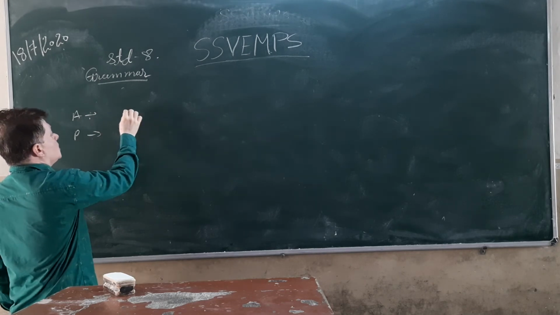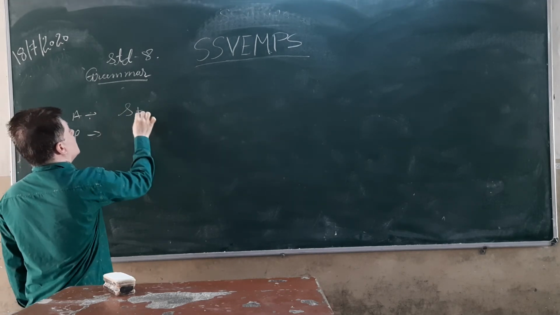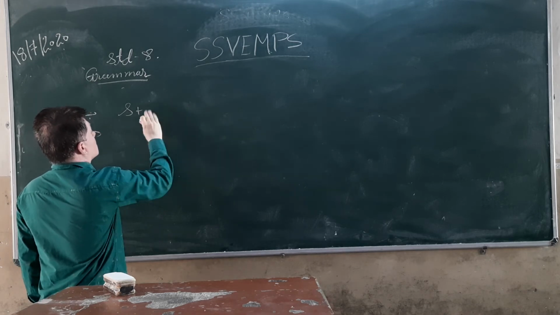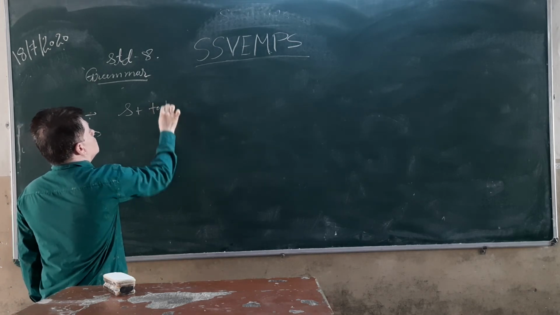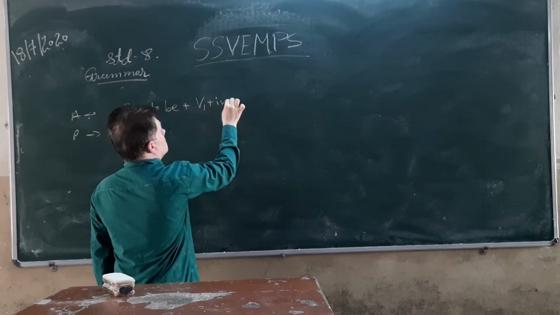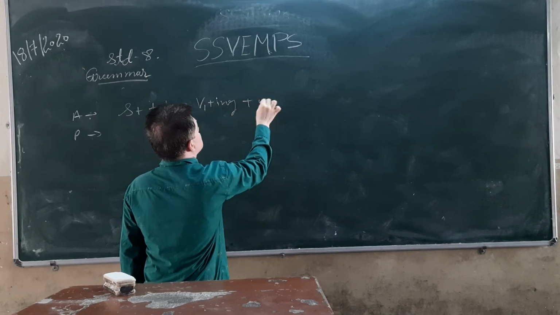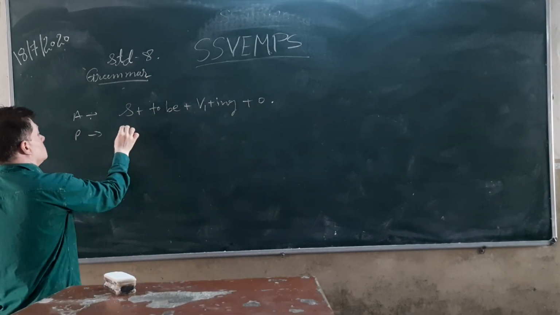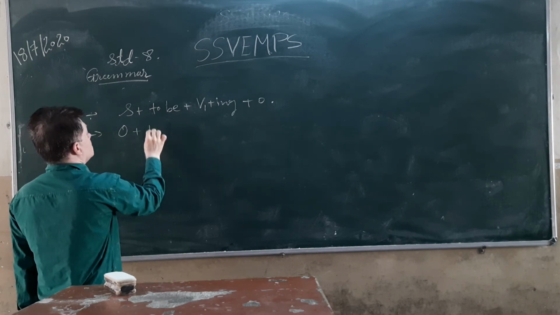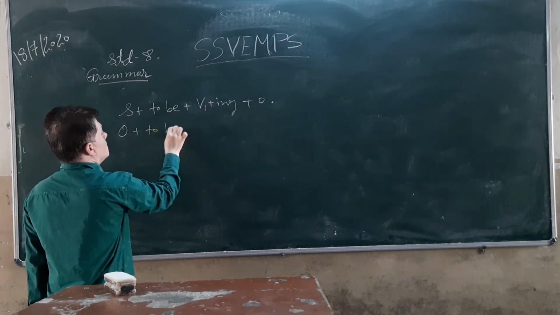So in continuous tense, we have subject plus to be plus V1 plus ing form plus object. In passive, we use it this way: object plus to be.